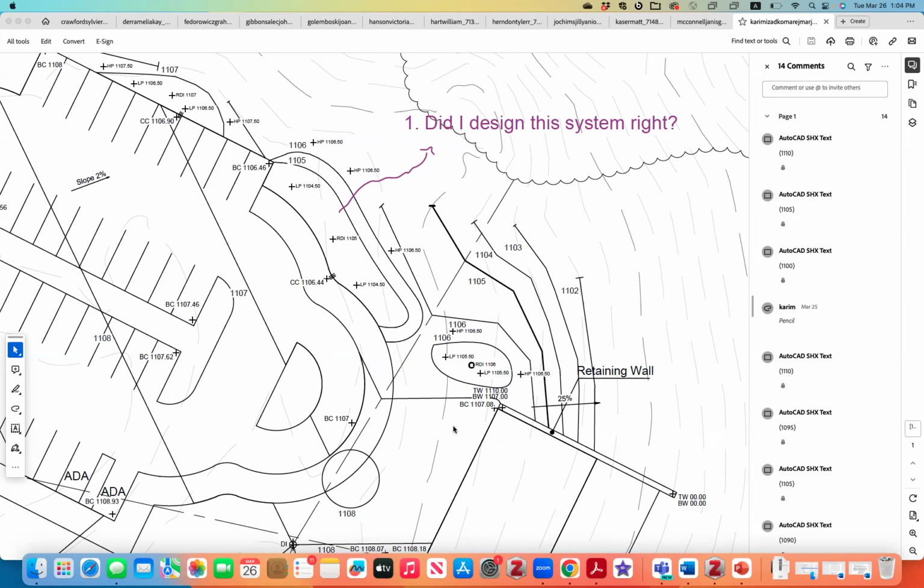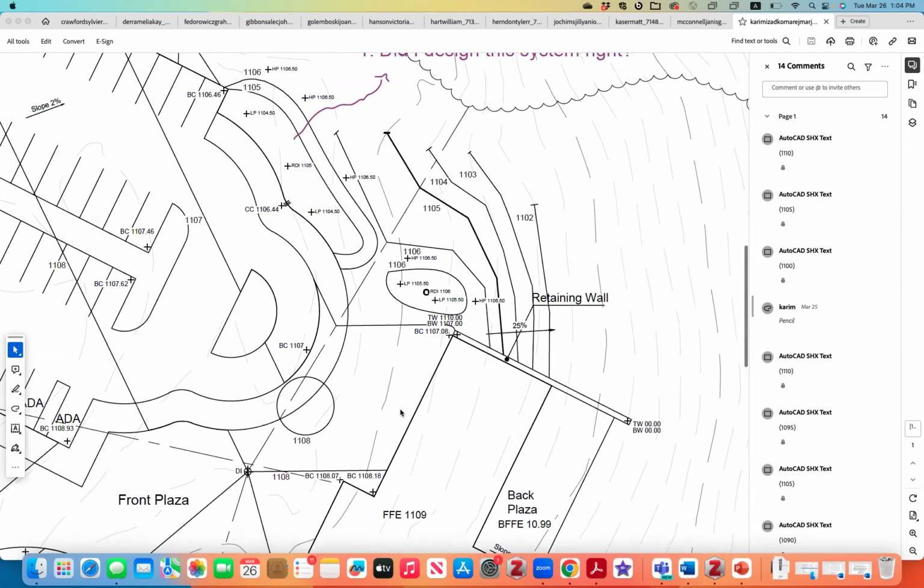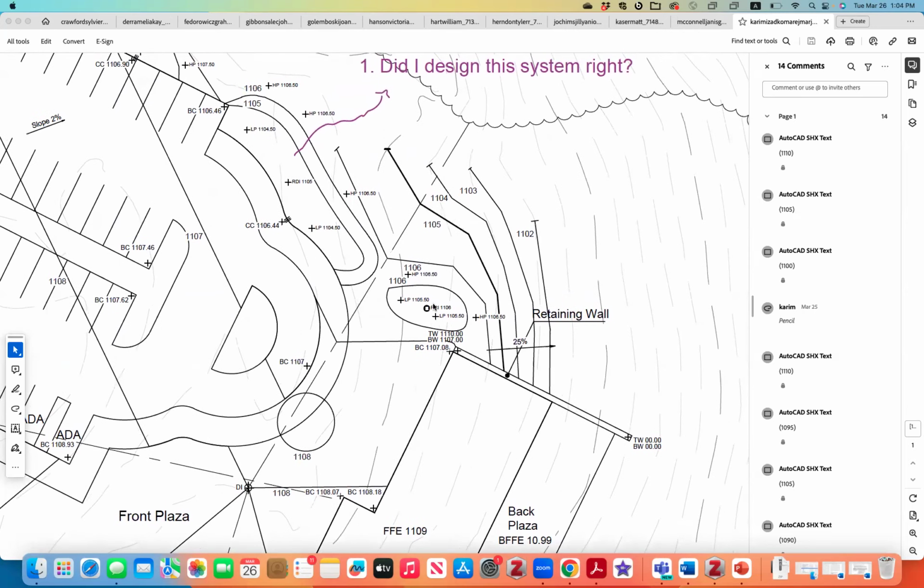For the one next to it, I don't think it's at the right location. You should put this retention right on this. No, you need the connection with the swale, because you are trying to receive water from the plaza.